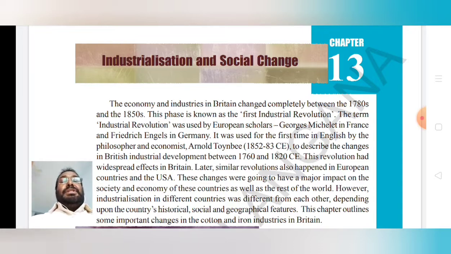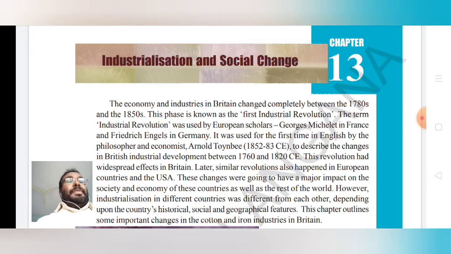This happened around 1780 to 1850. And this was called by different people in different ways.